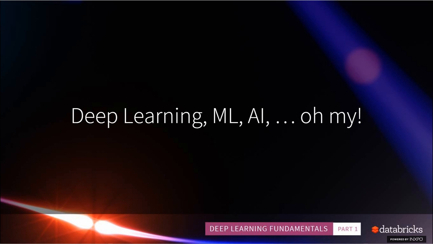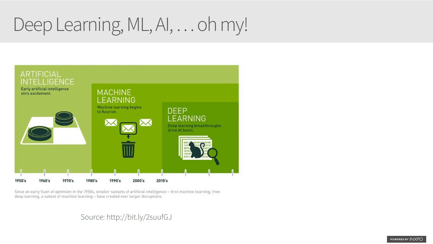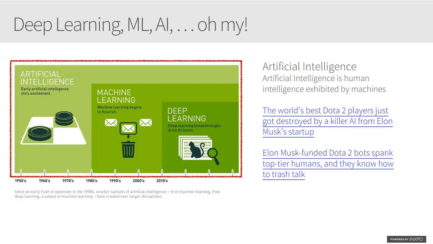Okay, let's talk about, first of all, deep learning, machine learning, AI, the terminology behind all this. And so the quick context is there's actually a very good NVIDIA graphic that explains what is artificial intelligence, what's machine learning, and what's deep learning.